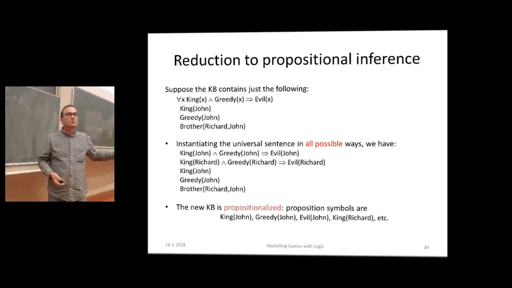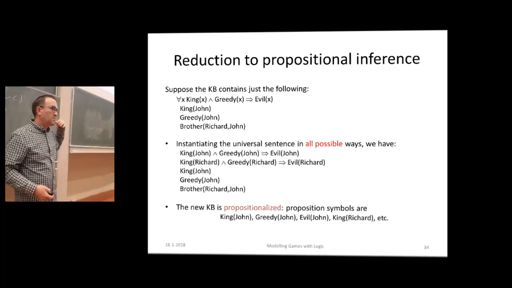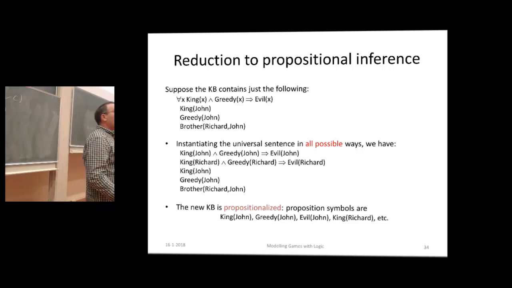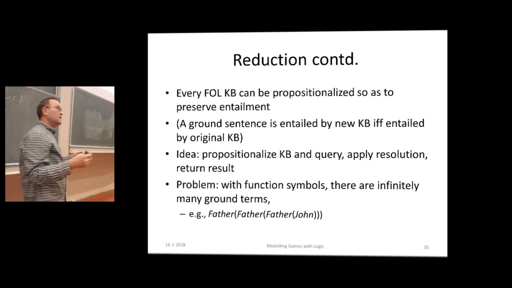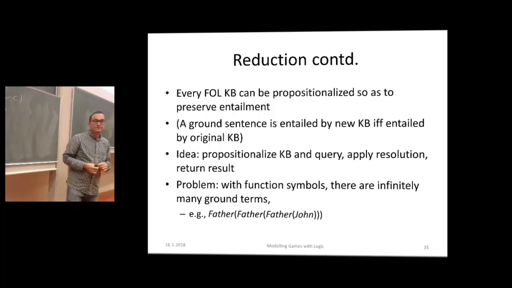So basically all you do here is you replace all the variables by all possible values of objects that you can find in your knowledge base according to the finite things you have. Only if you have an existential quantification combined with this, or you have an infinite domain, you get into trouble.